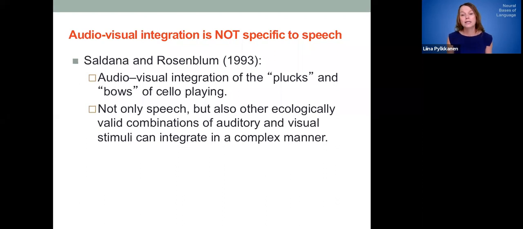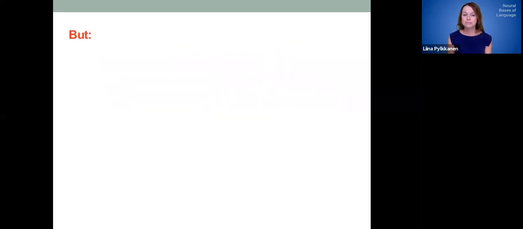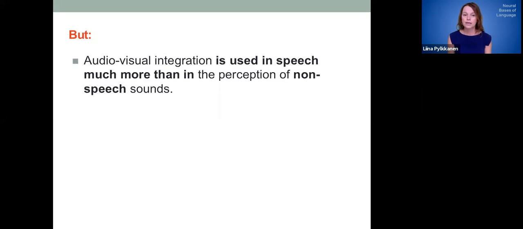So we know that audiovisual integration doesn't just happen for speech, but also for other ecologically valid combinations of auditory and visual stimuli. However, we do also have evidence that there is a difference. So audiovisual integration does seem to be used for speech much more than during the perception of non-speech sounds.